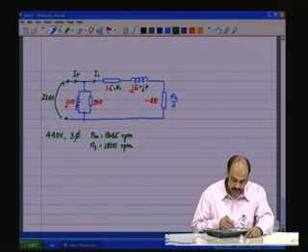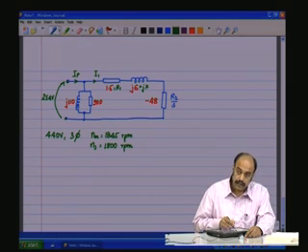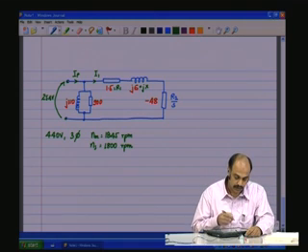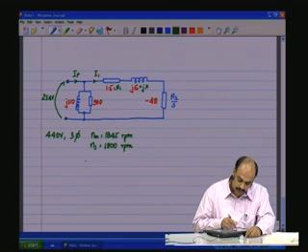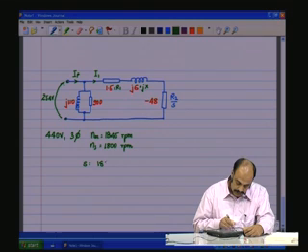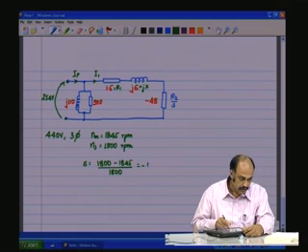Which means the shaft is rotated at super synchronous speed, that is with a speed 45 RPM above synchronous speed, and therefore S is equal to NS minus NM by NS, 1800 minus 1845 by 1800, which is minus 0.025.